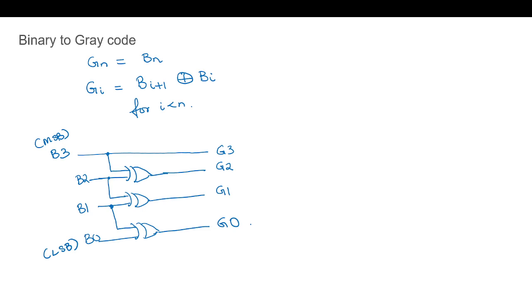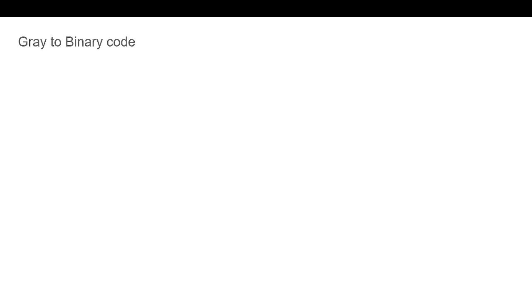So in a similar way, if you want to convert gray code to binary, then the nth bit of binary is nothing but the nth bit of the gray code, and bi is bi plus 1 XORed with gi, for i less than n.